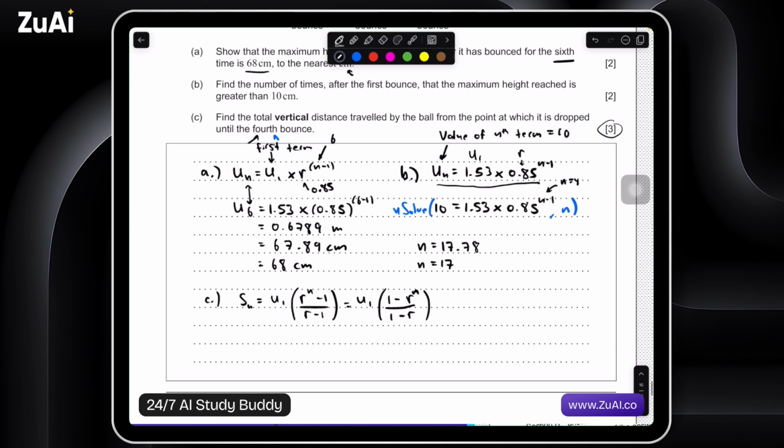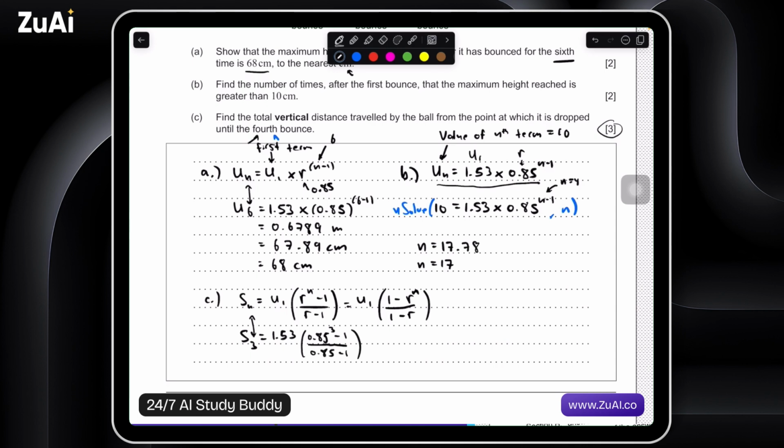So let's go ahead and find the sum of the first 3 bounces. U1 is 1.53, common ratio of 0.85. In this case, n is equal to 3, minus 1 over 0.85 minus 1.